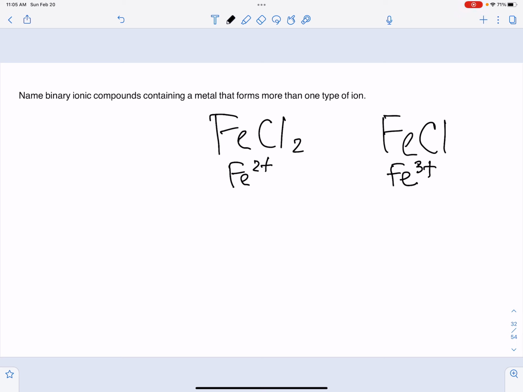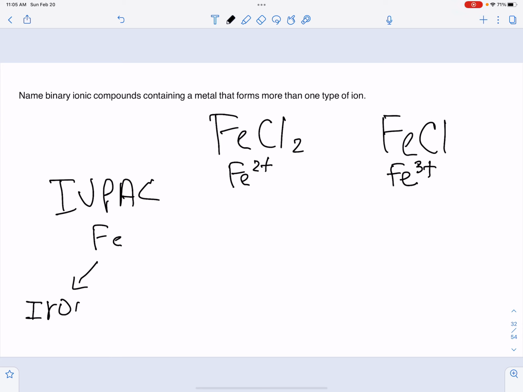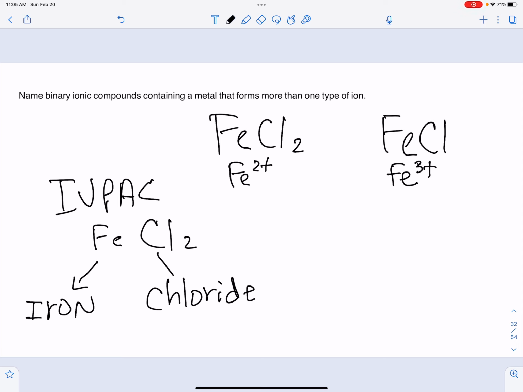So whenever you have a metal that has more than 1 ion, you have to specify in the name which one we're dealing with. Like before, according to the IUPAC system, I'm going to take the first one and say, according to the periodic table, this is iron. I'm going to take the second one, which is chlorine, but because this is a compound, I'm going to modify it to chloride. And then how do I tell you that this is iron 2?